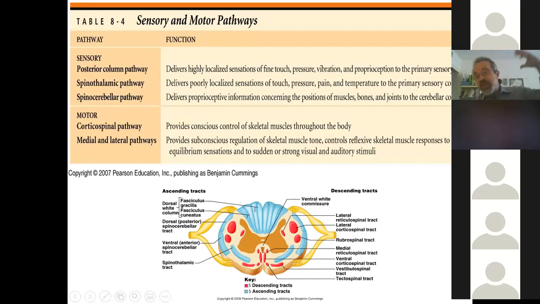So that's when you sense that, there's a sensation you have. This one down here, the spinocerebellar, is responsible for motor coordination, the positions of muscles. So basically making sure our muscle movement is well coordinated as opposed to very choppy.